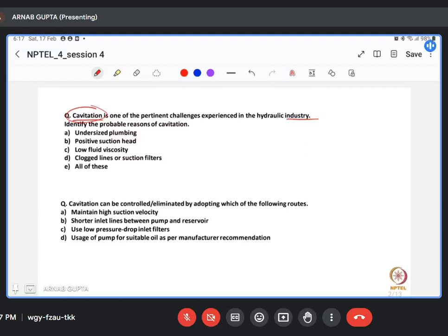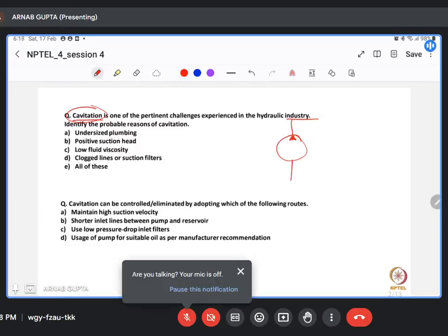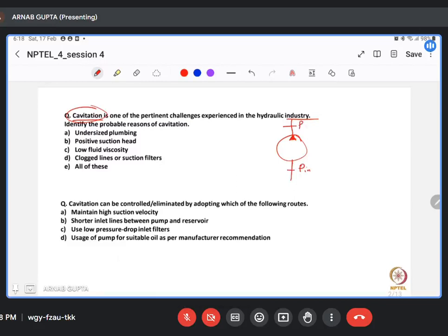Okay, so what happens if you have a hydraulic pump, say, so this is the symbol of a hydraulic pump. At the inlet side, you have a pressure P in, and at the outlet side, you have another pressure P out. And this delta P is the head against which the pump is running.